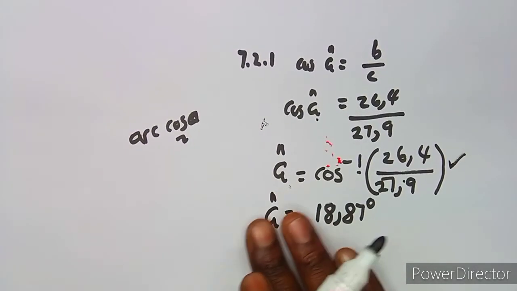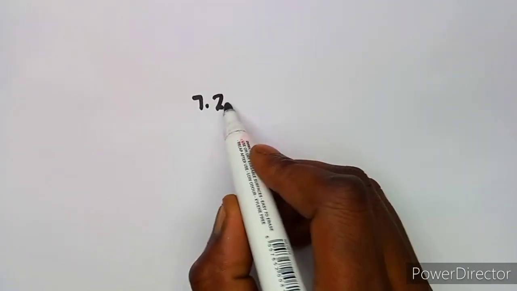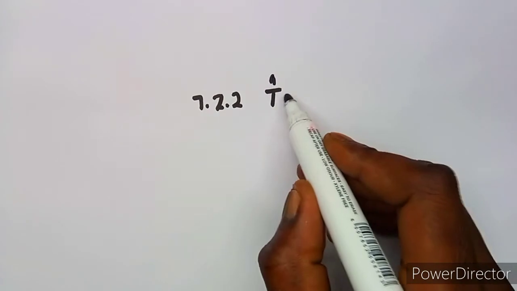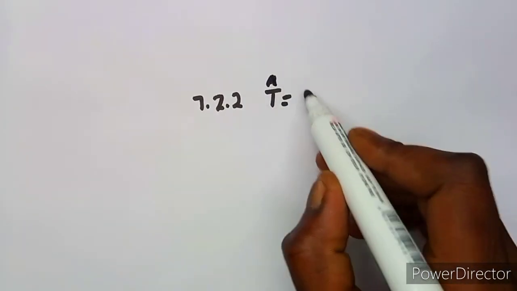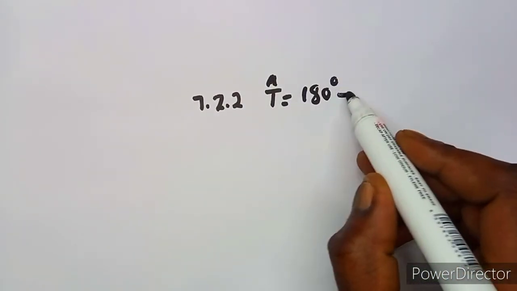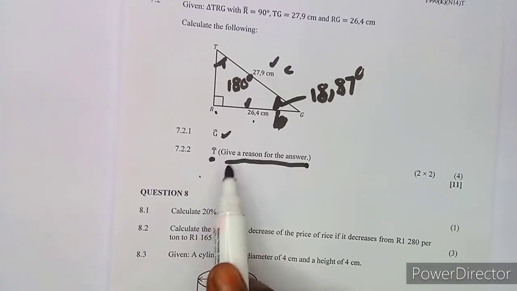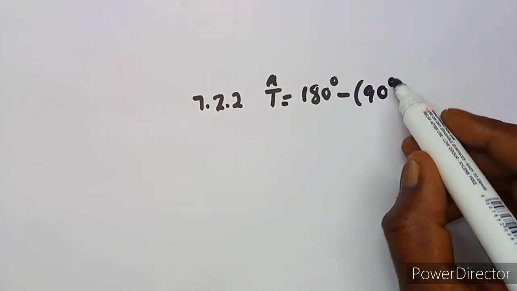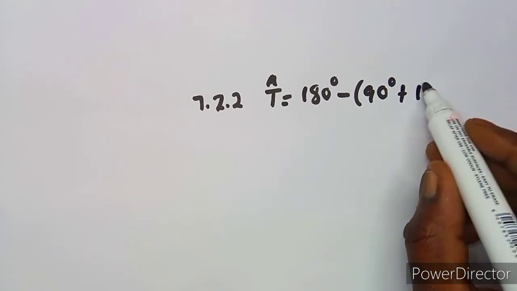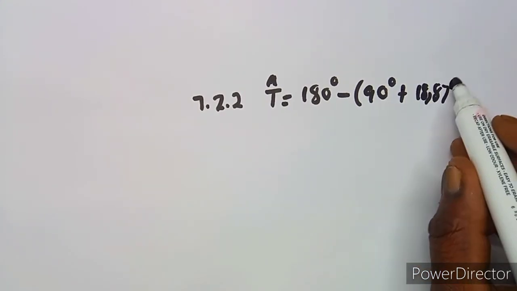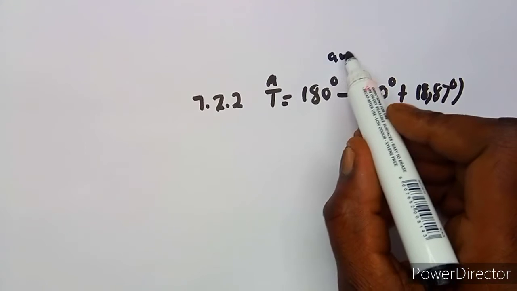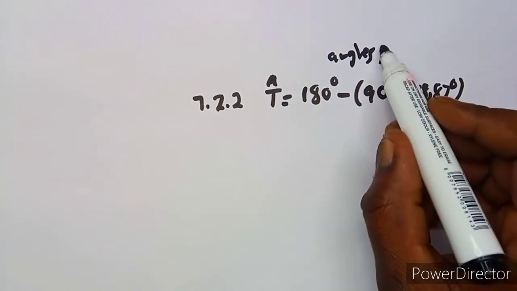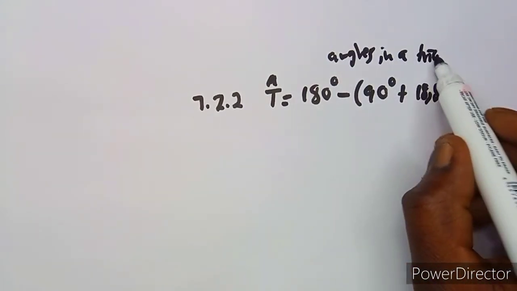So angle T is simply 180 degrees minus the other angles in the triangle, which are 90 and 18,87. You can simply do this. That's angles in a triangle.